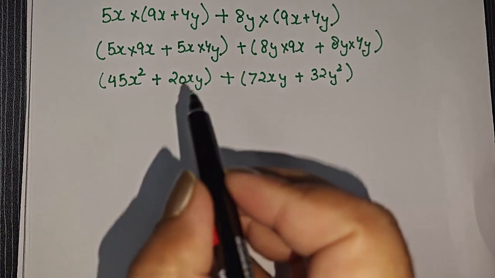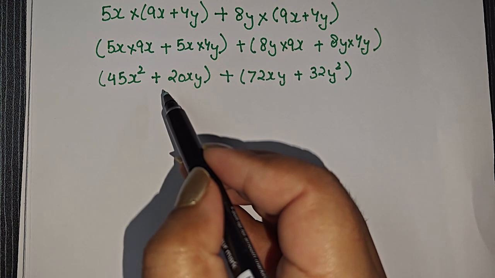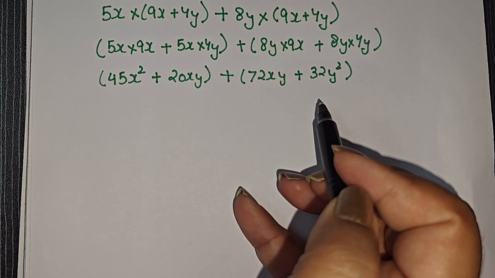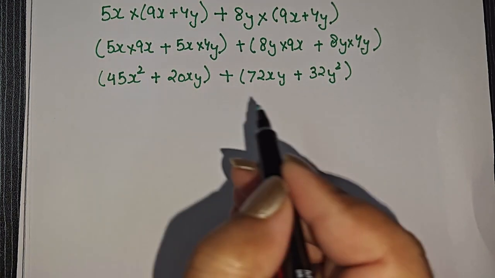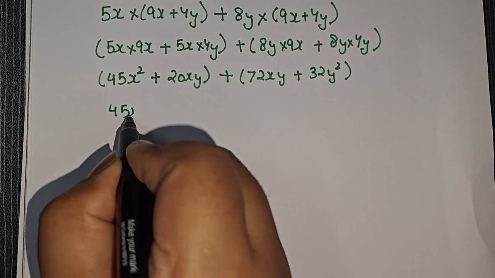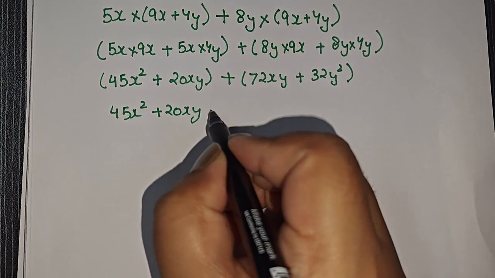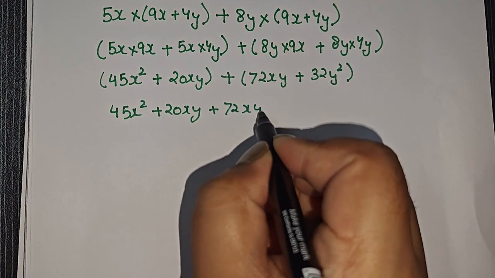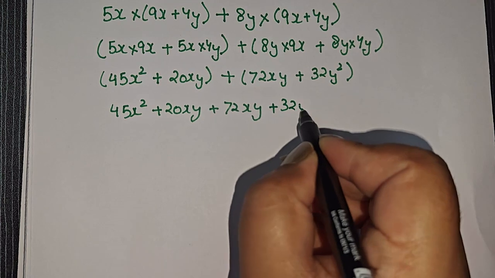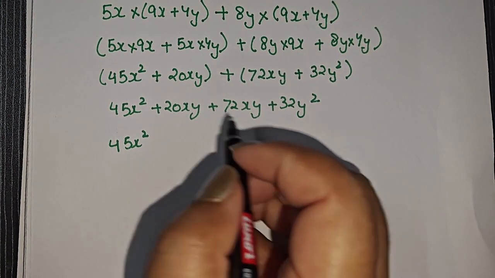Now we have plus. So this scenario is adding two polynomials together, right? Addition we have already seen. So we have 45x square plus 20xy plus 72xy plus 32y square. Let's club similar variables together.